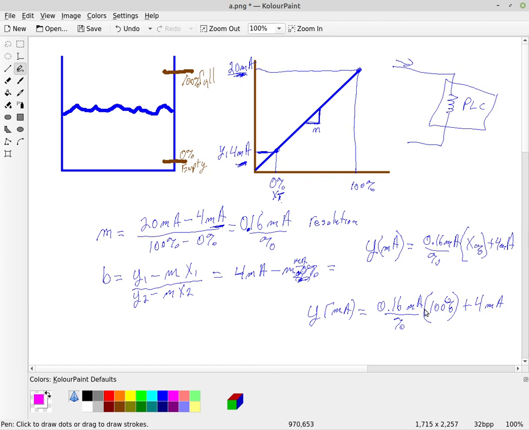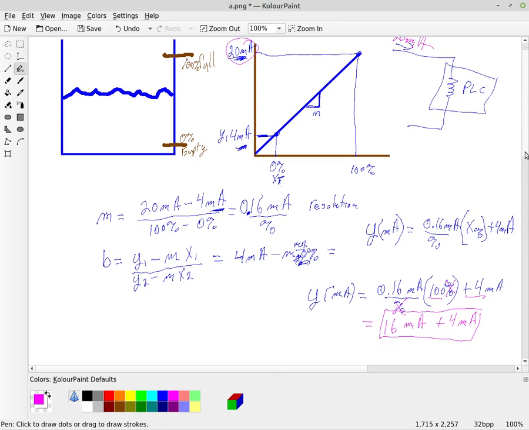The percentages disappear, and so you have 100 times 0.16, which is going to give you 16 milliamperes plus another 4 milliamperes. And so at 100%, we are going to be getting 20 milliamperes coming into our PLC. All right, so that's just a double check.